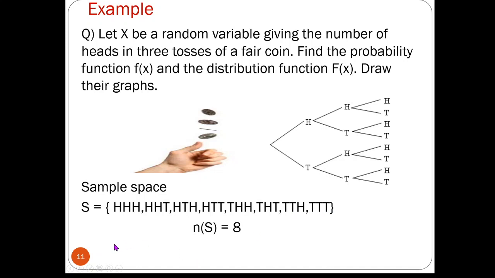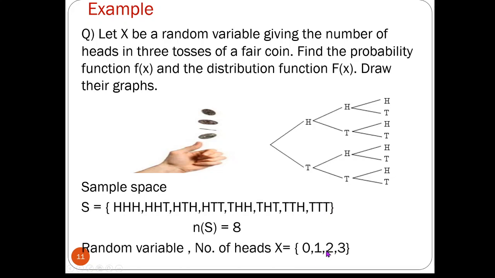So the random variable takes the values 0, 1, 2 and 3, because if you toss 3 coins, there is a chance to get no head, 1 head, 2 heads or a maximum of 3 heads. So random variable x is equal to 0, 1, 2, 3.